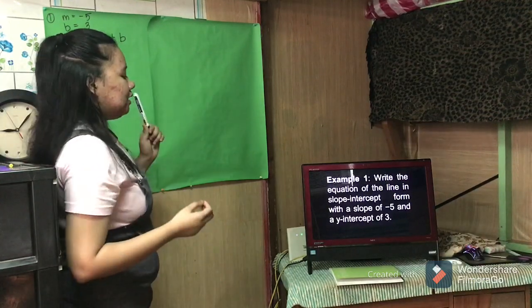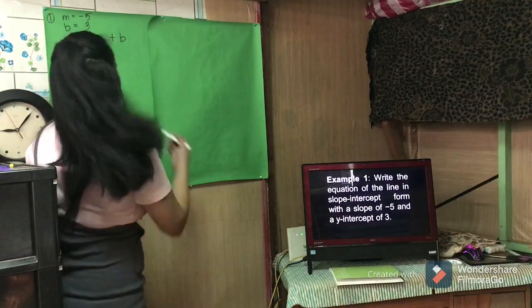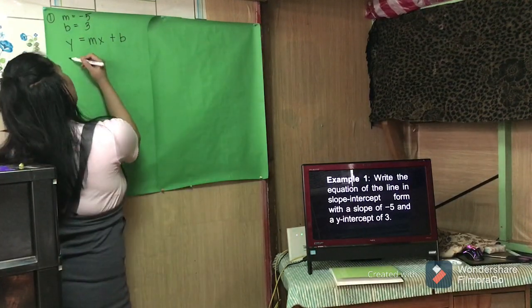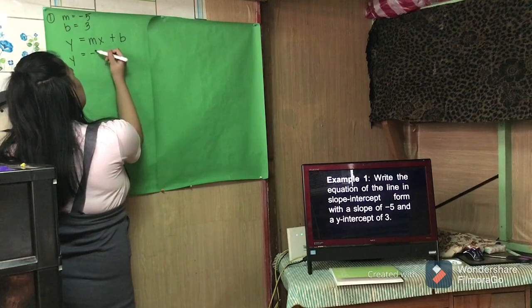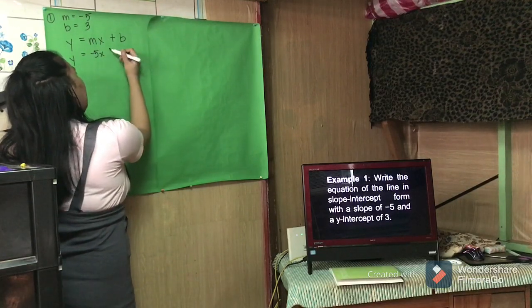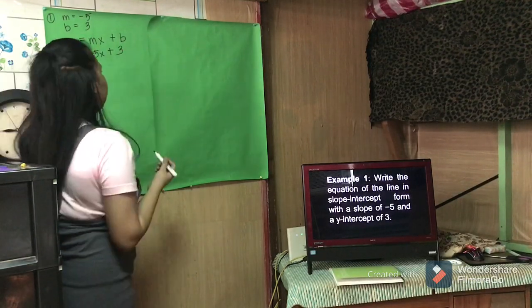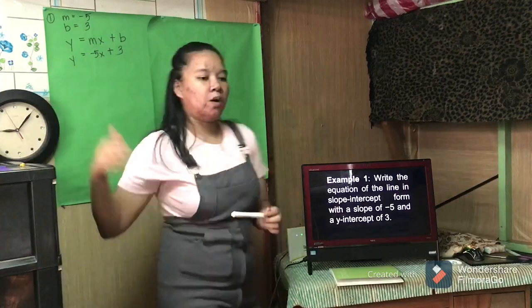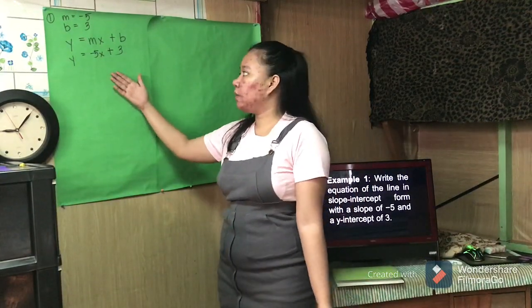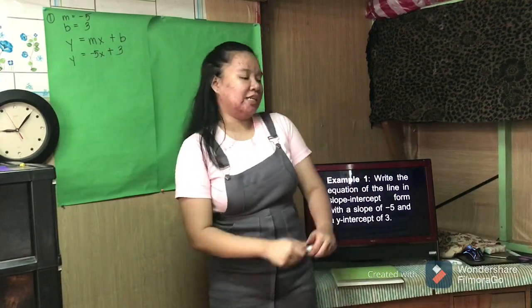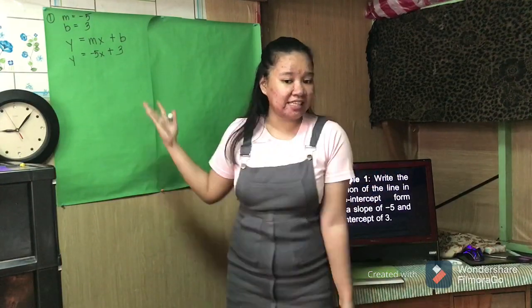By substituting the values of m and b, we get y equals -5x plus 3. So the answer is y equals -5x plus 3. Are you following? Is that easy?